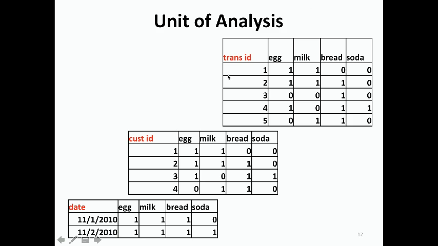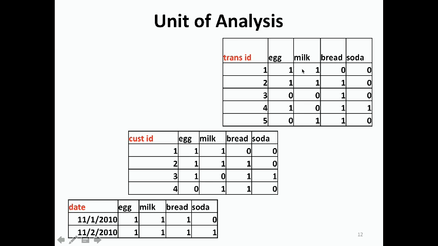In many data mining tasks or statistical analysis, the unit of analysis would affect the data and also affect the application. The most common unit of analysis for association rule mining is a transaction, so that means the items purchased in one transaction.